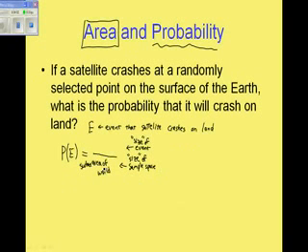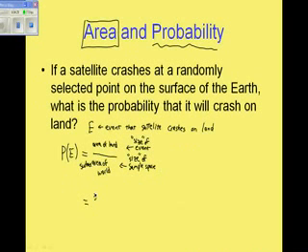I guess I'll look that up for you here in a second. And up above, well, we're going to want to know the area of land on the Earth. And if I put these in this ratio, that'll somehow give me the probability then of this event, the probability of hitting land. So let me pause and look up those numbers for you.